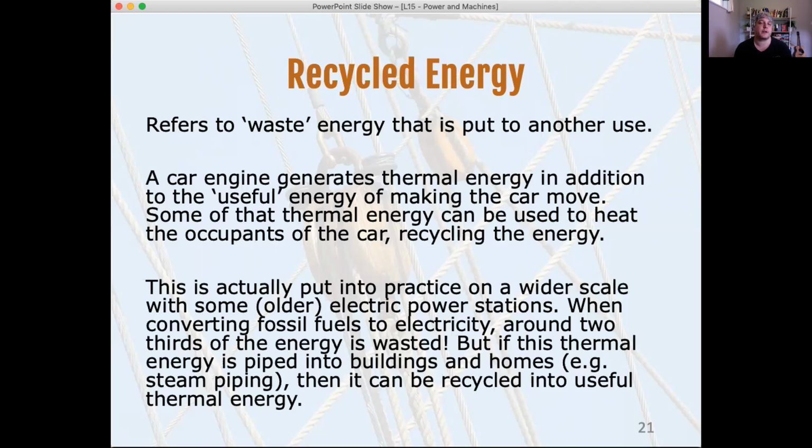That was cheap because it was essentially just waste energy that otherwise would have been let off into the environment. Instead they captured it and transported it into buildings. So there are ways to catch some of that, and it can end up being semi-useful, even if it wasn't the original purpose of the machine.